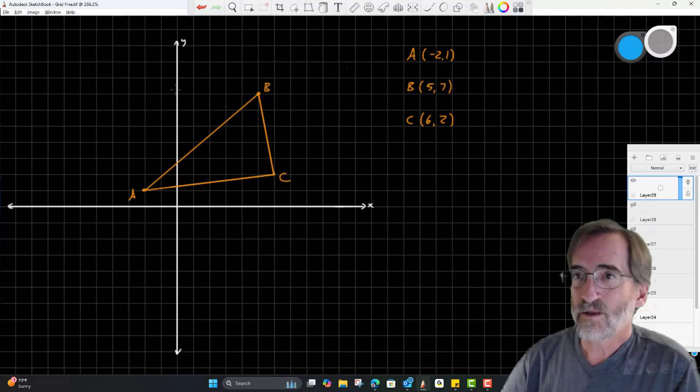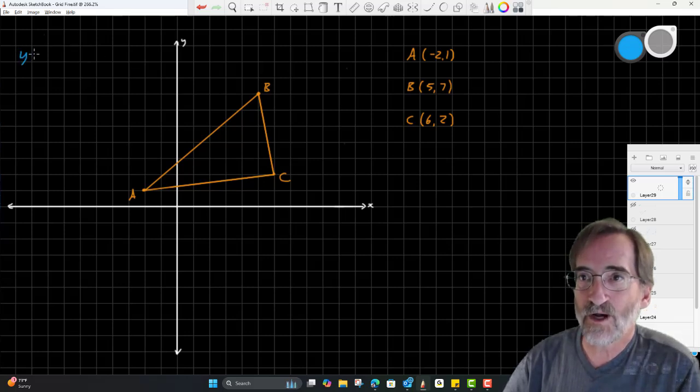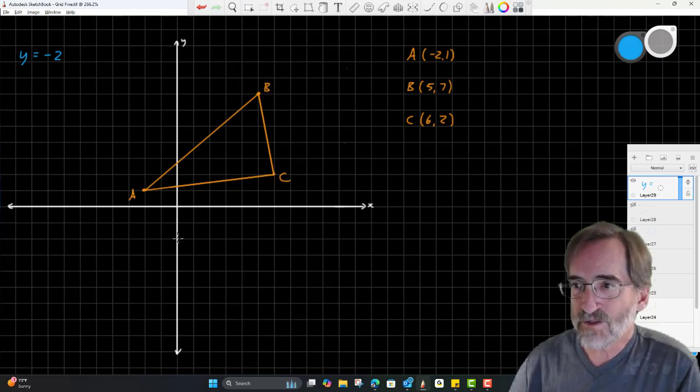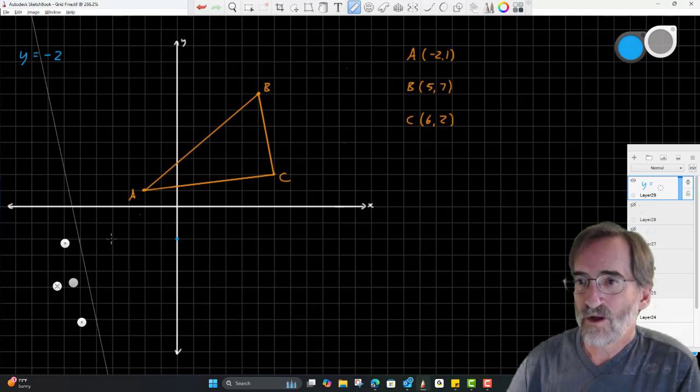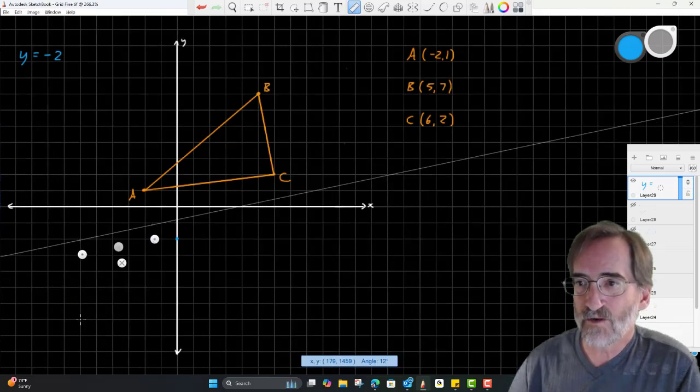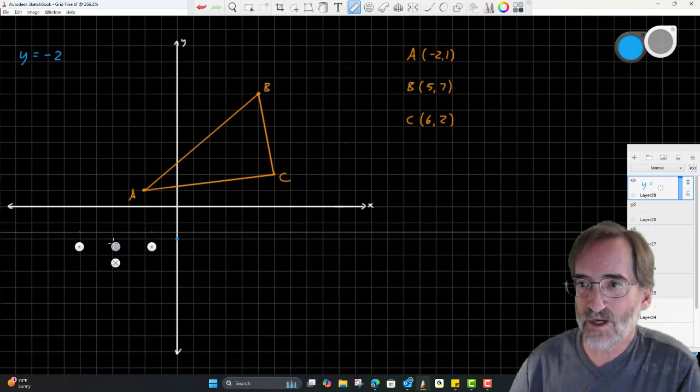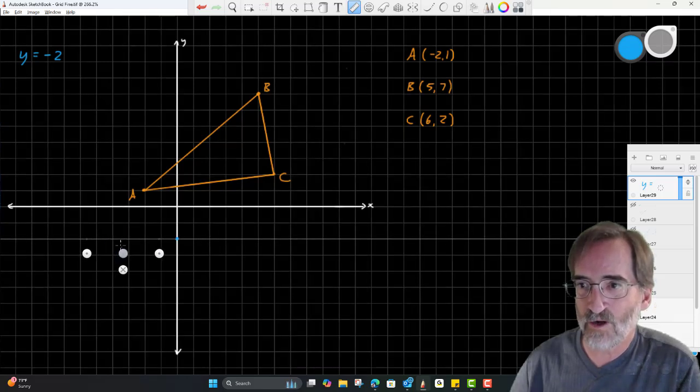Let's reflect across the line y equals -2. Let's go to -2 on the y-axis and draw a horizontal line. That is the equation y equals -2, because every point on this line has -2 as its y coordinate.